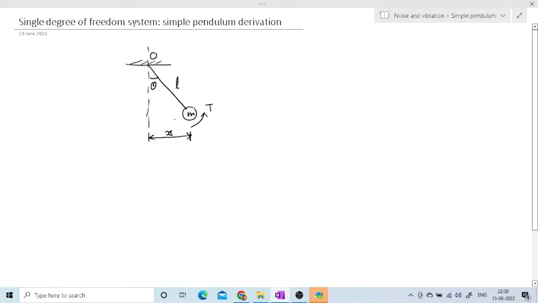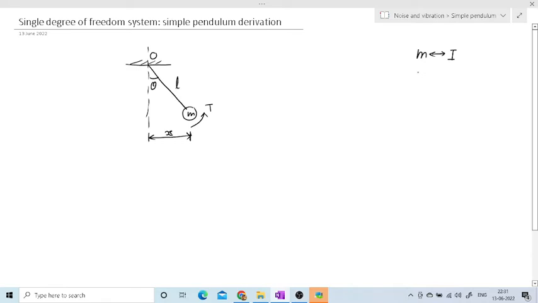Now to derive this equation, we are in the angular, that is the rotational system, so we will have to see some of the conversions. In the linear system we use mass, in the angular system we use mass moment of inertia, that is I.